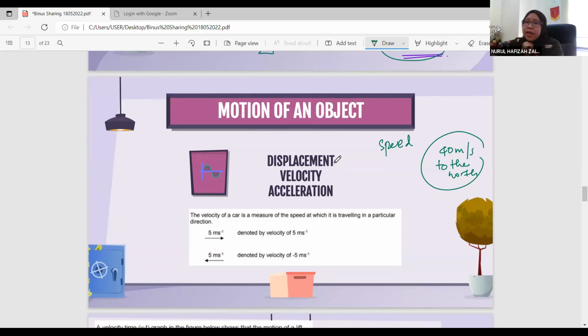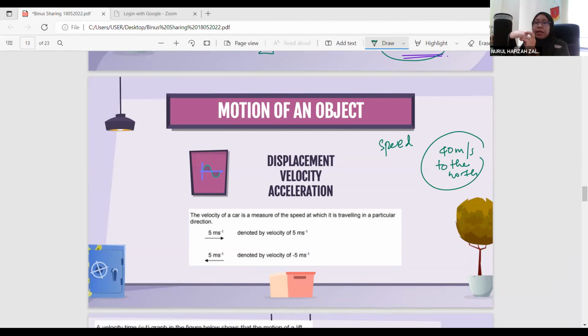So, for example, I just took whatever is around me. Okay, you have a bottle like this. So if let's say the initial position, the initial displacement of this mouse is 0. Let's say this is 0. Okay.